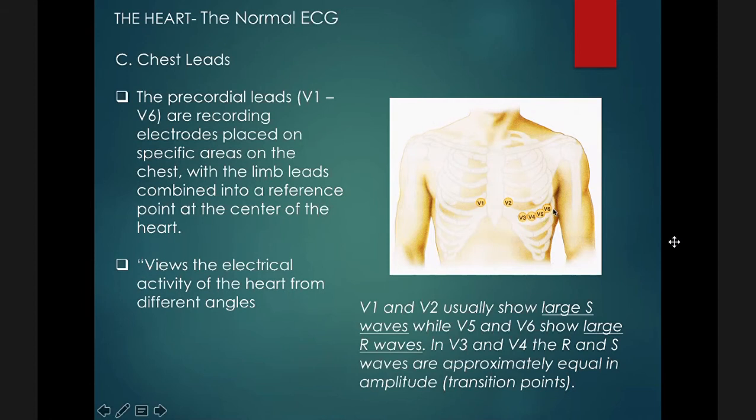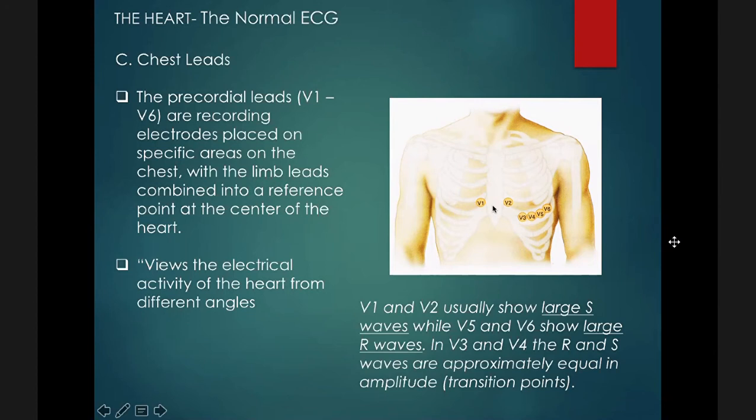So in V1, V2 it will show a large S wave, while in V5, V6 it will show a large R wave. Right, an R wave is an upward deflection. Since the vector is moving towards V5, V6, the R wave is tall. While it is a little bit away from V1, V2, that's why you have a large S wave.